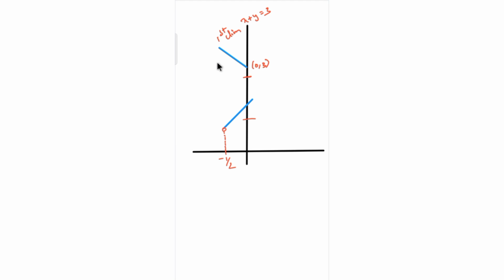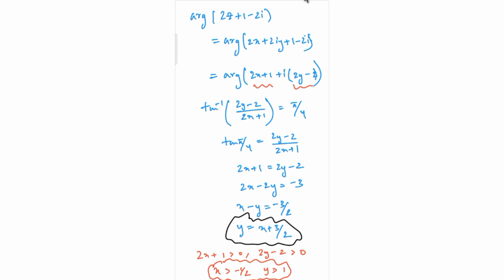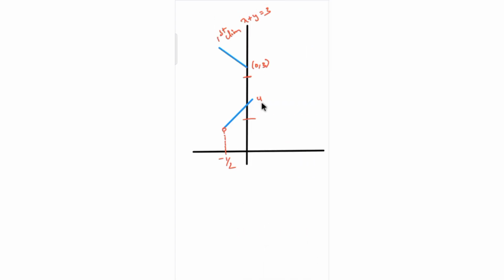So x is less than 0, so from here it starts; this is the region where x is less than 0 and y is greater than 3. And this system is y is equal to x plus 3 by 2, where y is greater than 1 and x is greater than minus 1 by 2.